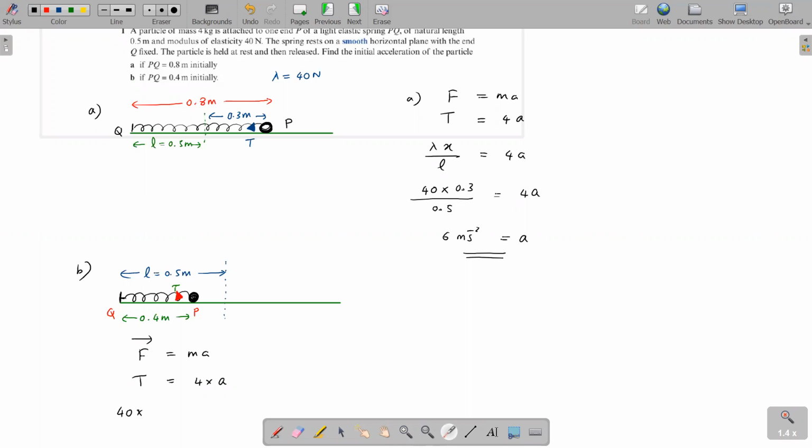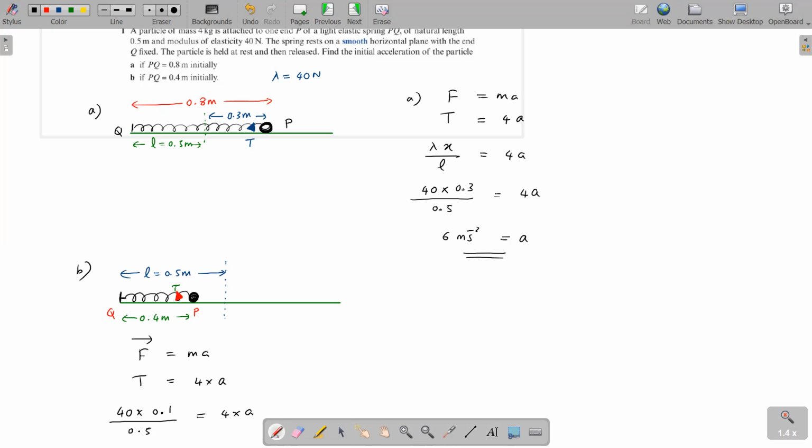From the natural length 0.5, I've taken it to 0.4, which means I have compressed it by 0.1. So x is 0.1, the compression. 40 times 0.1 over the natural length 0.5 equals 4 into a.